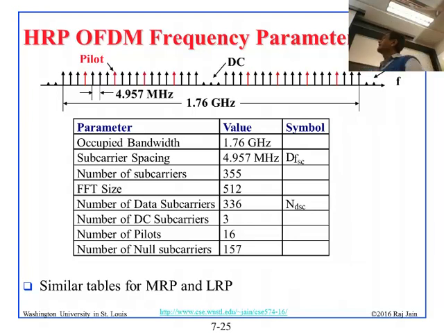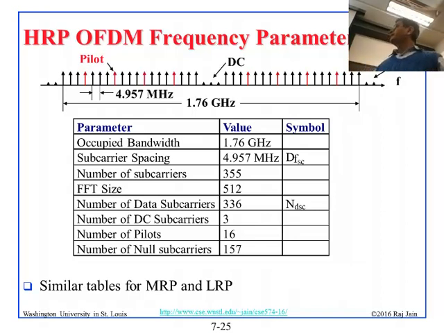So in diagram form, what we are showing here is that there are 78 or so on this side, 78 on this side. These are null subcarriers which are not there. Does it make sense? Okay. In mathematics, there are zeros in the matrix, in the calculation, right? But we are not using that part of the band.